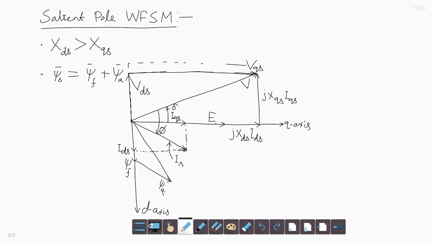So, it is in phase with Is, and the phasor sum of psi f and psi a is psi s, and psi s is at 90 degrees to V. This is the phasor diagram for motoring operation at lagging power factor. As you can see, Is is lagging.